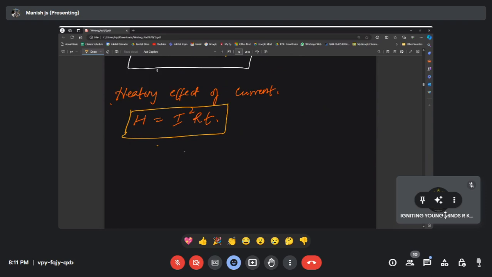In terms of potential, you will substitute in the place of I. Because V is equal to IR, I is equal to V upon R. Again, you use Ohm's law and rearrange. You substitute that, so the heat is given by the expression H is equal to V square times T upon R. This is the expression in terms of voltage or potential difference.